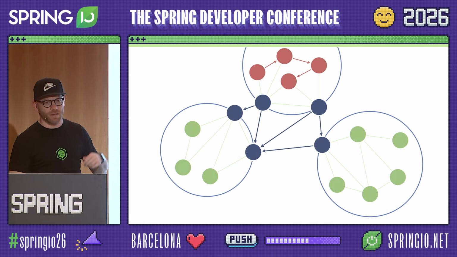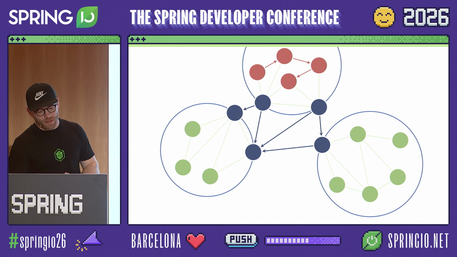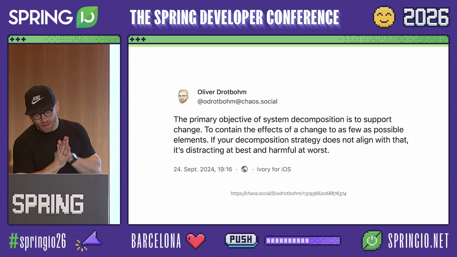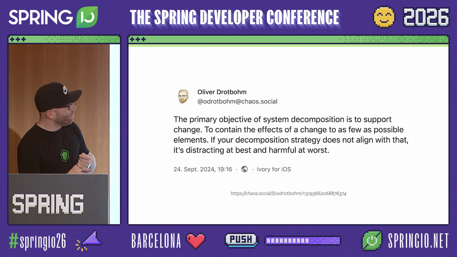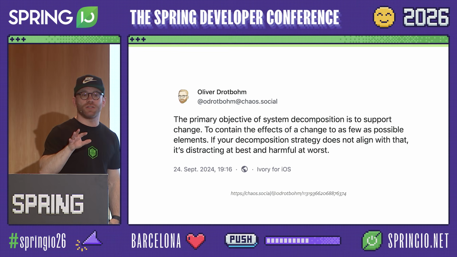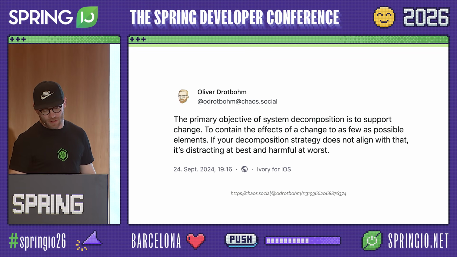It's never going to be only these kinds of changes versus other kinds of changes in our system. So this is a slightly more elaborate description of what I hopefully got across here, right? We need to find a decomposition strategy that supports the changes that we need to make.